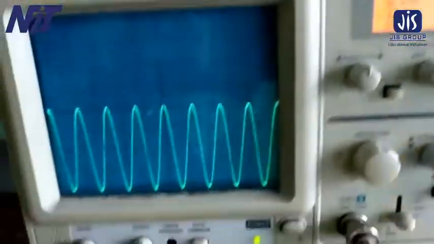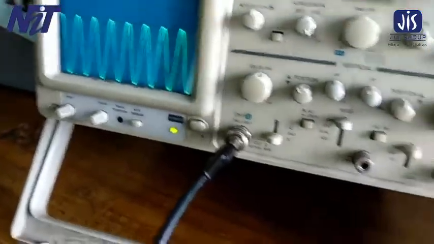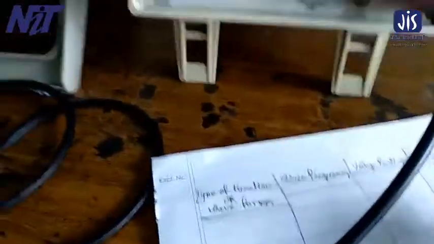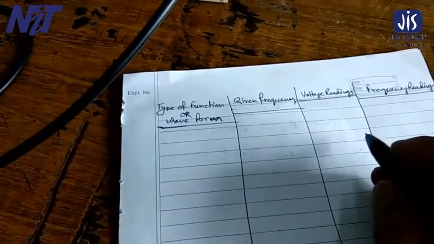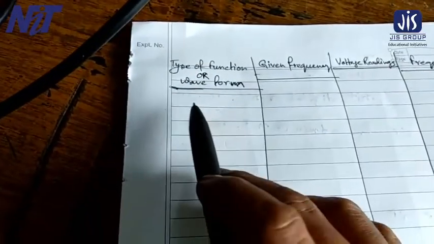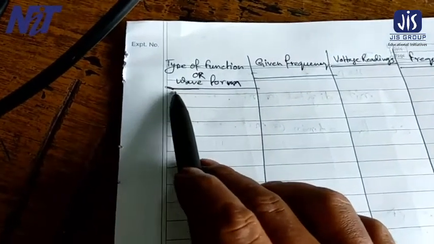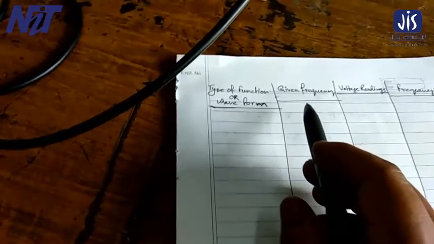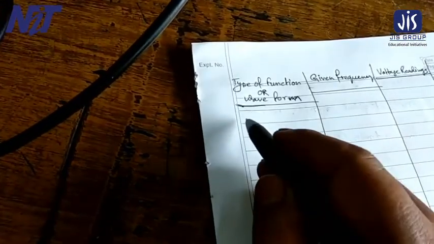So for the calculation of the frequency, you have to fill up a table where your teacher in the lab will give the type of the waveform and frequency. Frequency will be given and the waveform will be told to you.